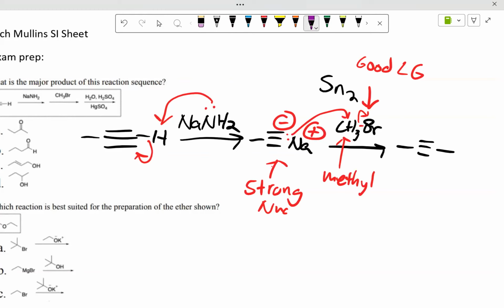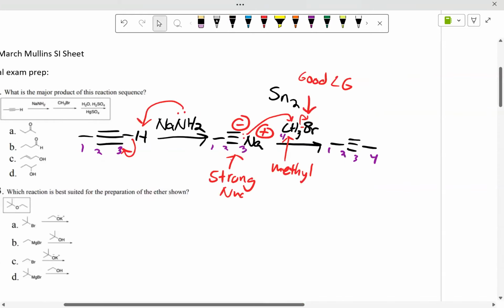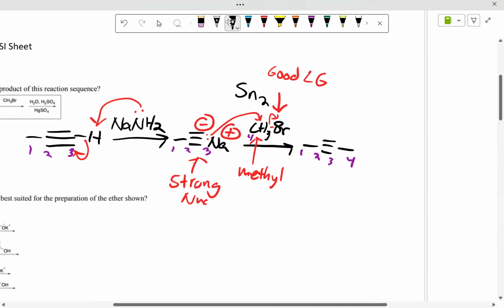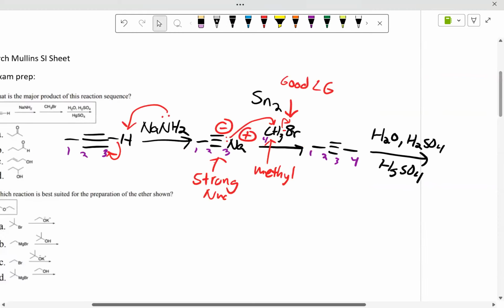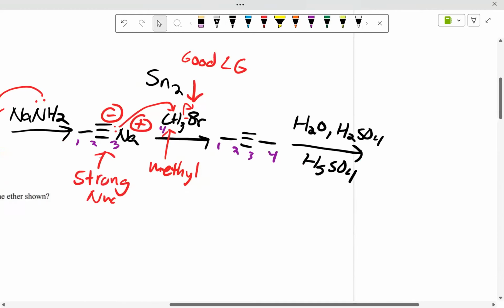Let me number the carbons: 1, 2, 3, and this is carbon 4. All right, that's that step. Now the next is we're using this mercury group with water and sulfuric acid. If you remember, this is an alkyne reaction from first semester that's going to create a ketone.